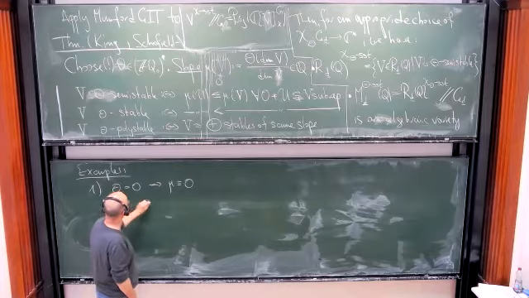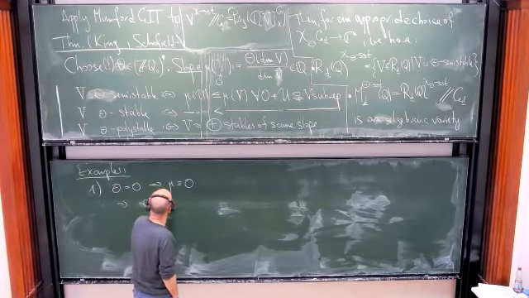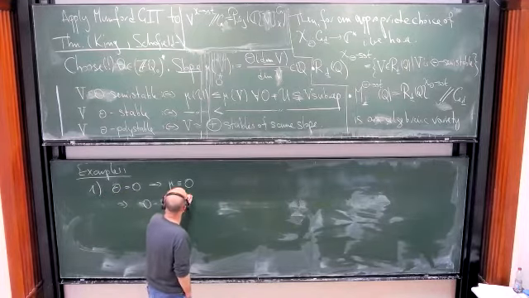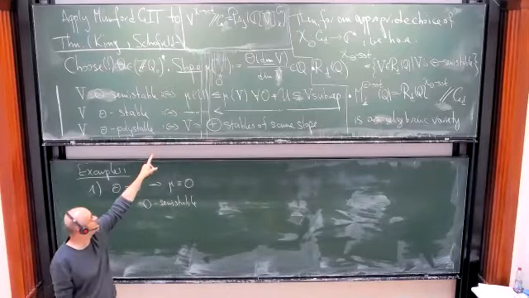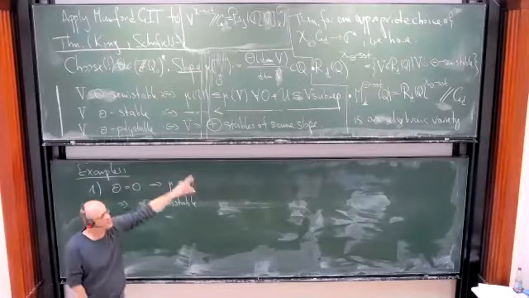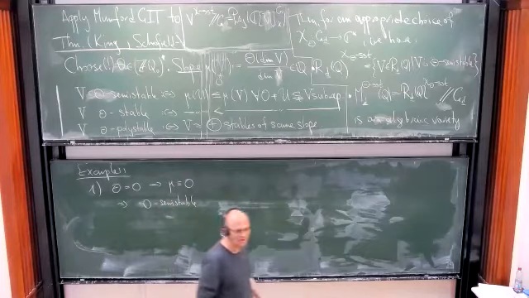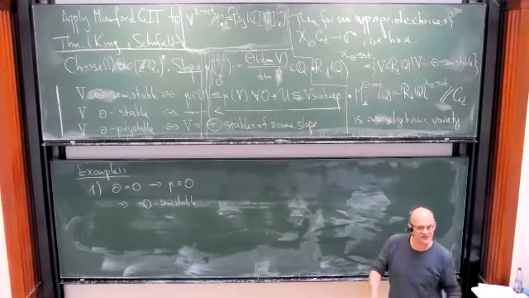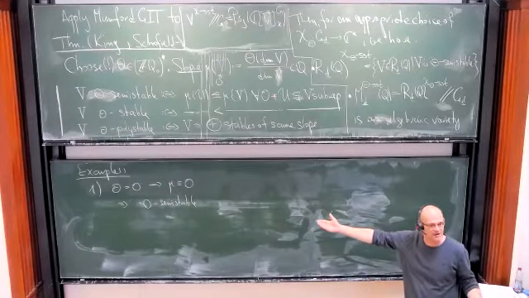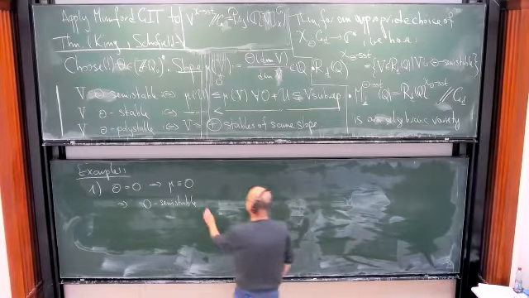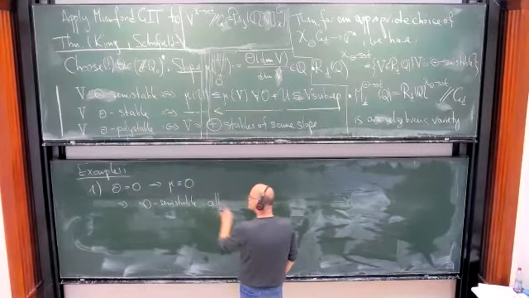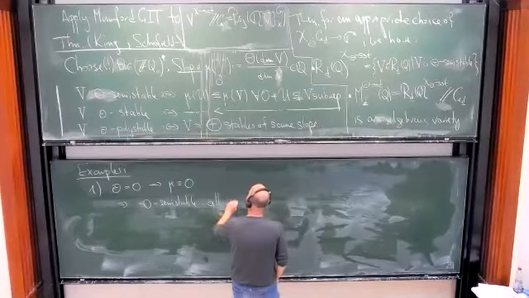What is 0 semi-stable? 0 semi-stable just means the slope is weakly decreasing on subrepresentations. This condition is totally trivial because the slope is identically 0 anyway. So 0 semi-stability holds for all representations.